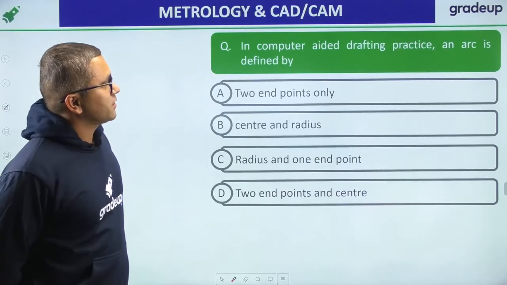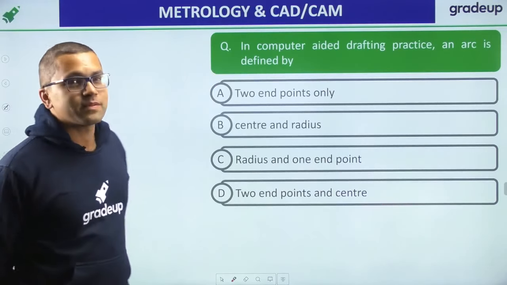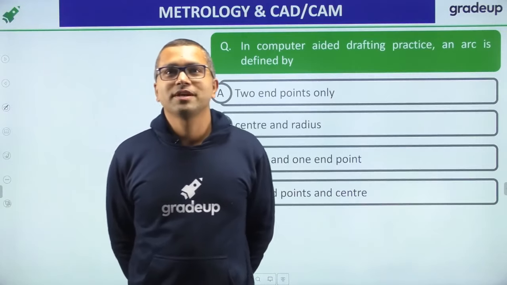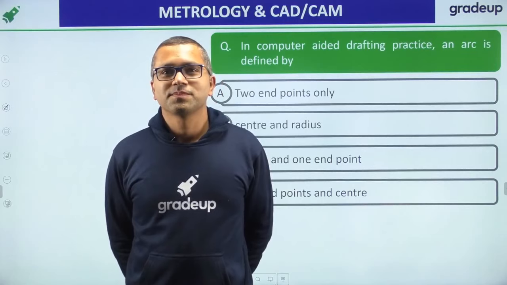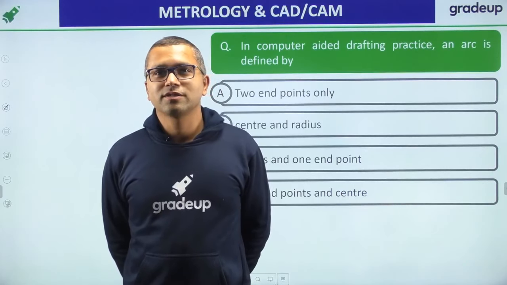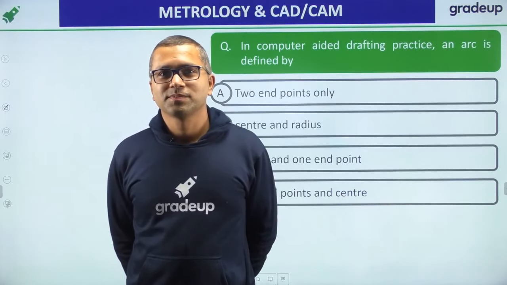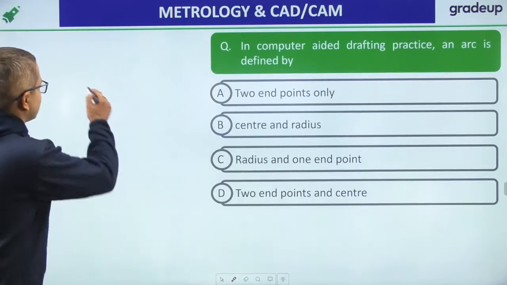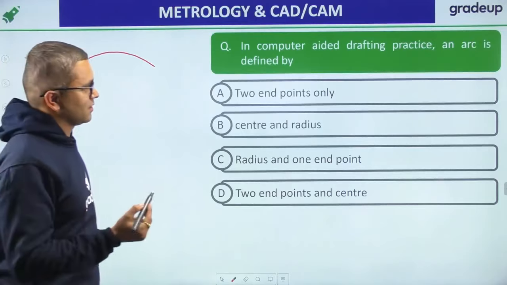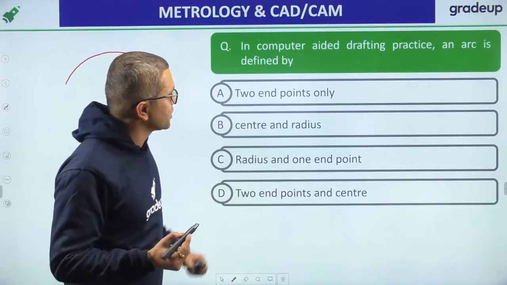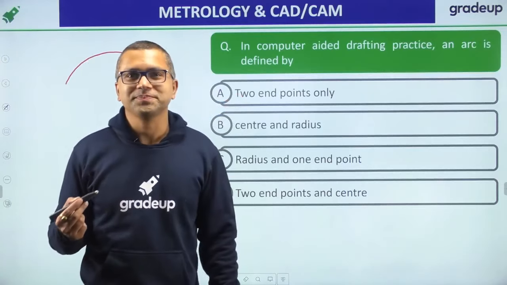In computer-aided drafting process, an arc is defined by. What should be the answer for this? What is an arc? An arc, right? So can it be defined using two endpoints only?